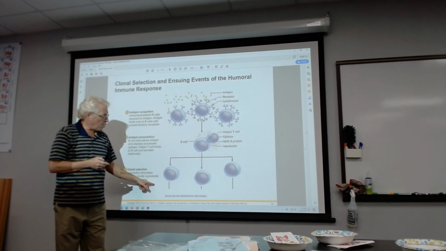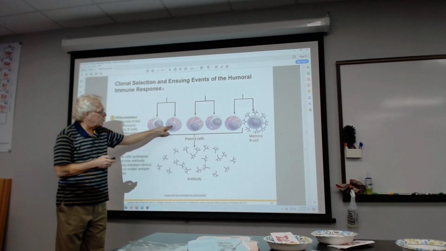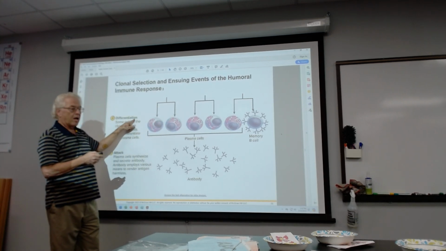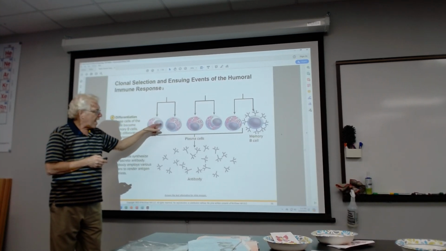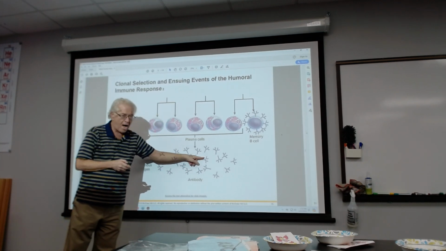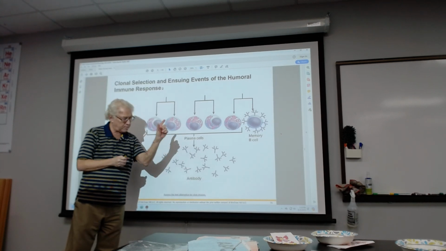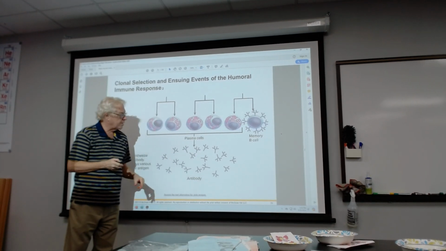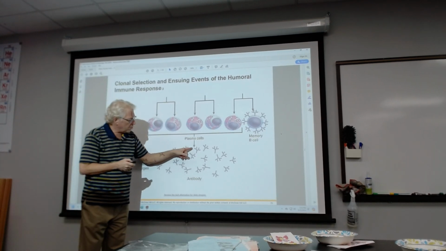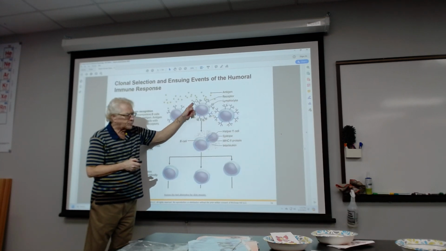But as soon as it makes contact, what it's going to do is multiply itself. Got it? And when it multiplies itself, it's going to change into what's called a plasma cell. Differentiate. Plasma cells release antibodies, which are these Y-shaped things with little receptors on the top of the Y. Okay? Please note, don't these antibodies look just like the receptors?